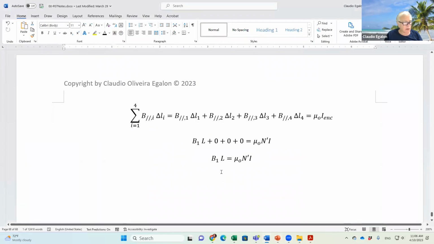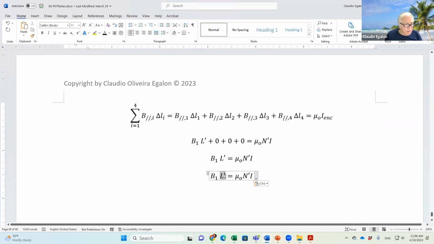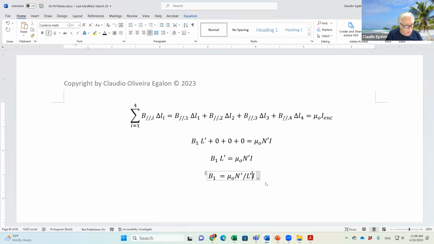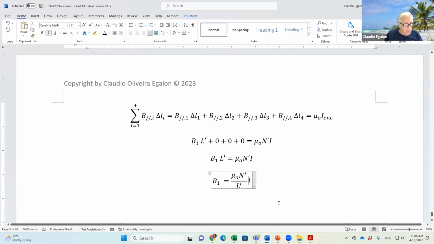And I have to adjust it here to L prime. I'm going to rewrite this formula like that, passing the L prime to the other side.